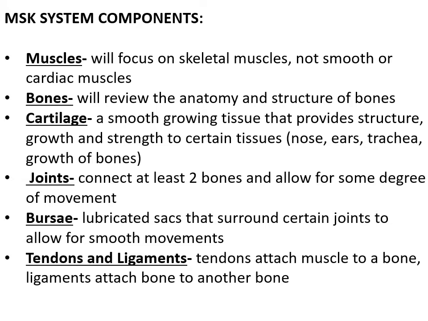Cartilage, so a very smooth tissue that provides structure to a number of different parts of the body that we'll see, and also it's part of the growth of typically long bones. Okay, so we'll get into the different types of cartilage.